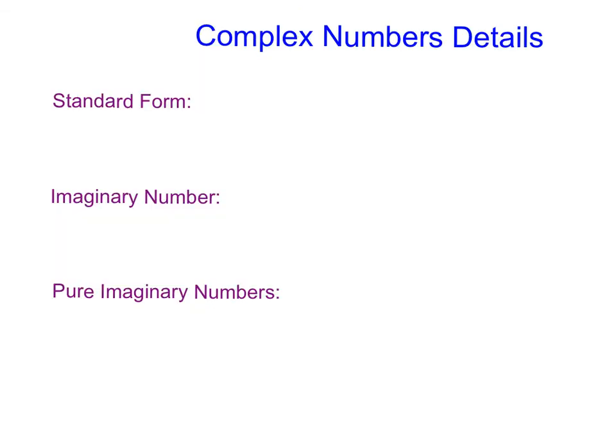-1. So now that we understand what an imaginary number is, we're going to talk through some details of what are called complex numbers. So by definition, a complex number written in standard form is written as a plus bi. So notice we have the imaginary i. And that's where a and b are any real number that we know.